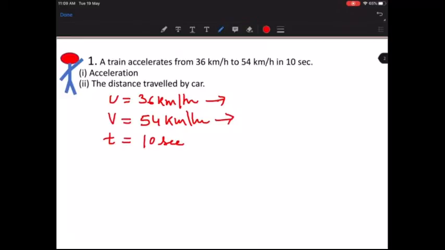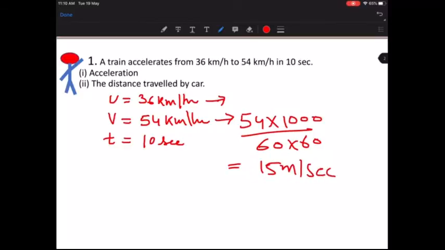Now let's see 54. So 54 into 1000 divided by 60 into 60. If you solve this, you will be getting 15 meters per second, and here you will be getting 10 meters per second.